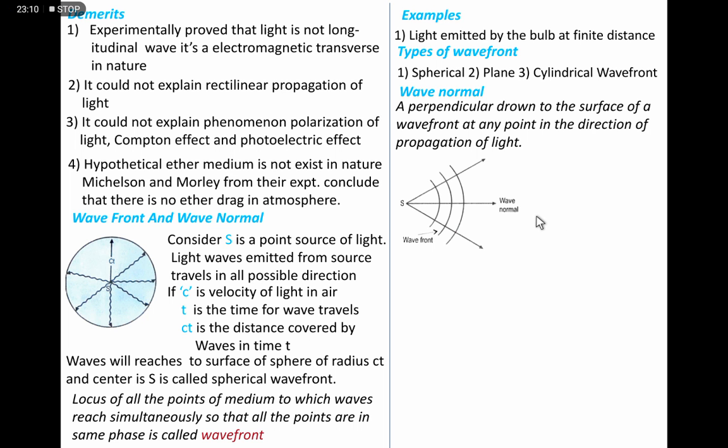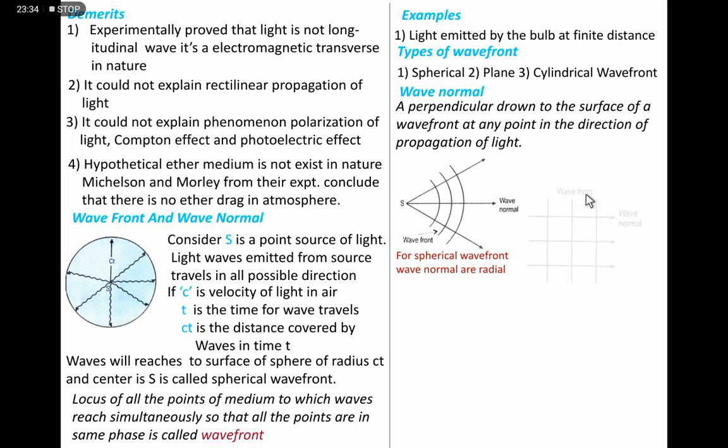But here, one important thing has to be kept in mind. In the case of a spherical wavefront, wave normals are radial. In any direction, if we draw the wave normal to the spherical wavefront, it is radial.